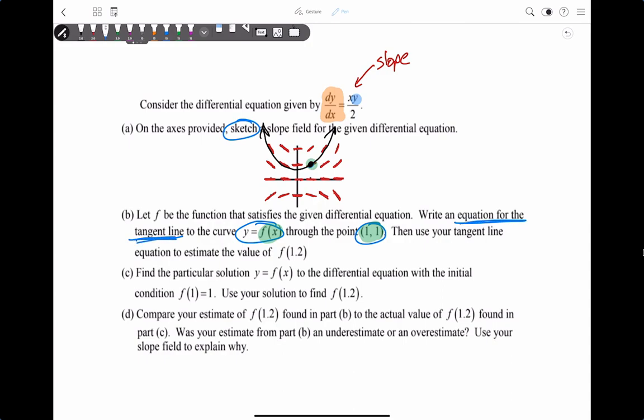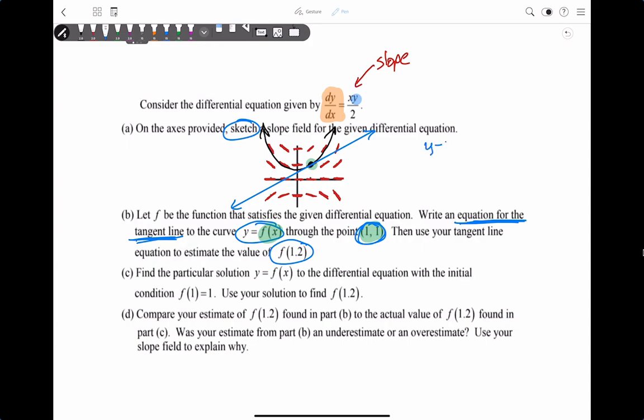It says to write the equation for the tangent line that touches at (1, 1). Then we're going to use this equation, whatever it is, to approximate what f of 1.2 equals as a y value. So let's go ahead and plug this in.